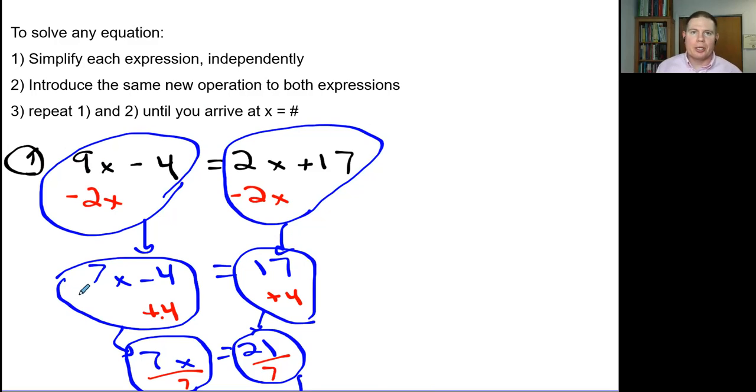No matter how complicated our equations are, we're going to simplify each expression independently. Then we'll introduce the same new operation to both expressions, choosing wisely for what to introduce, right? Trying to get either the additive identity or the multiplicative identity, depending on where we're at. And then we keep going back and forth until we get to x equals a number. And that is how you solve any equation.